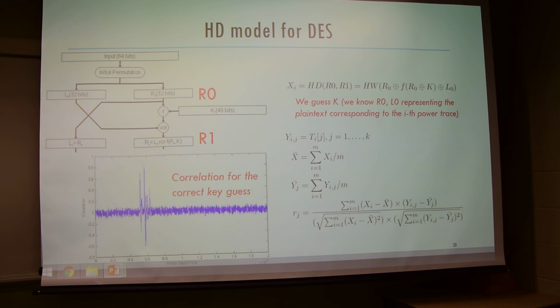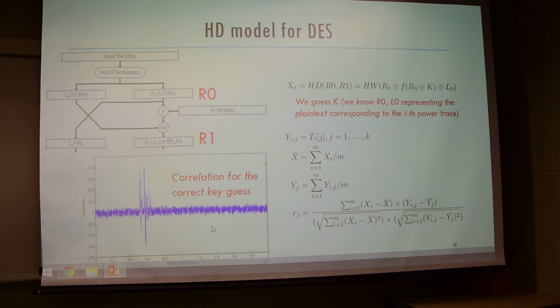So this is how it works, right? We compute this Hamming distance as x with the guessed key. And then this is a power trace. So we compute the correlation between this one and this one.